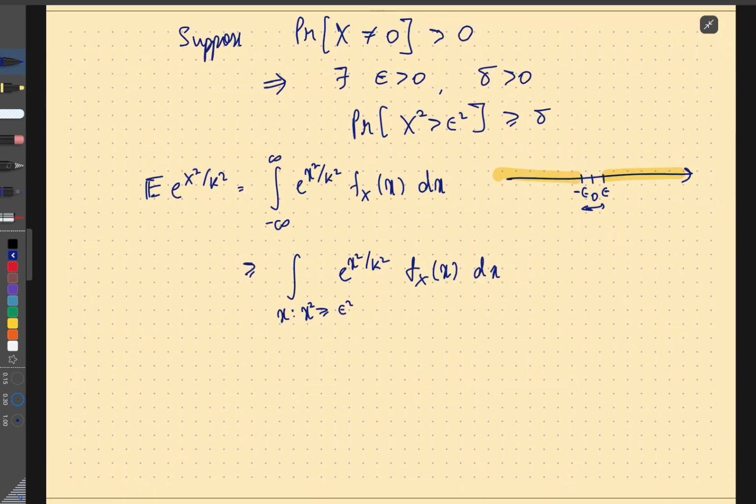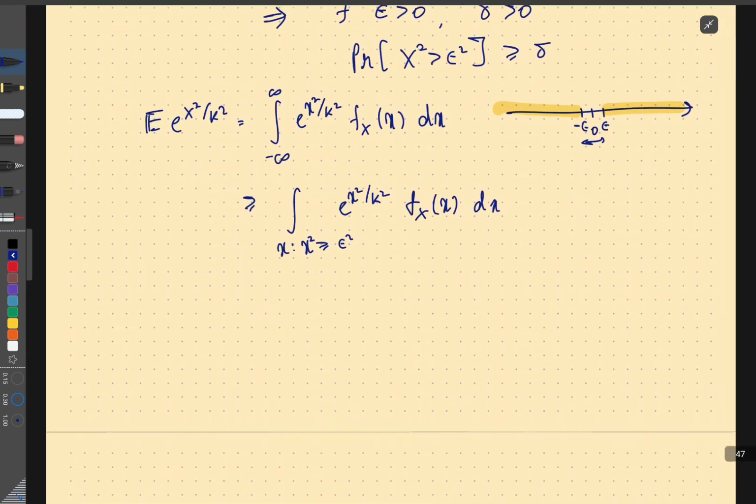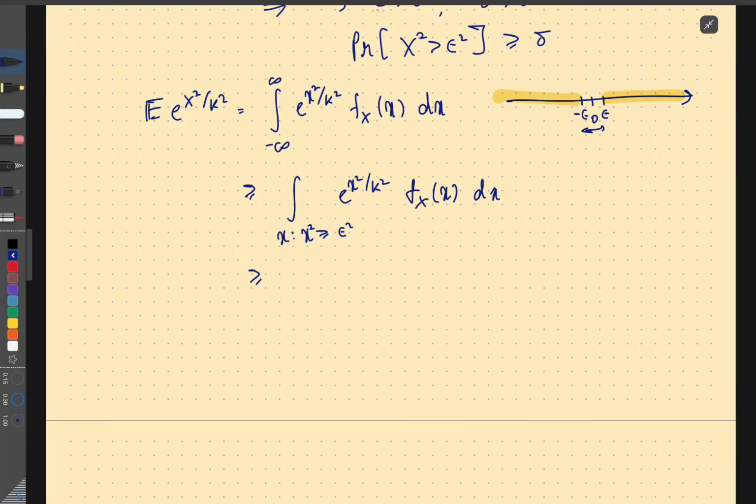Now in this region, this is at least e to the power of epsilon square by k square.